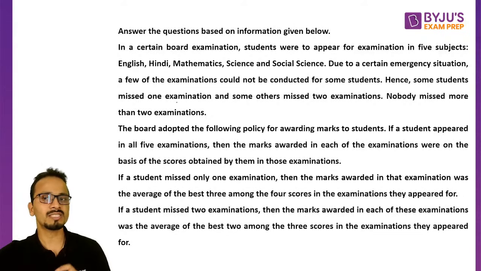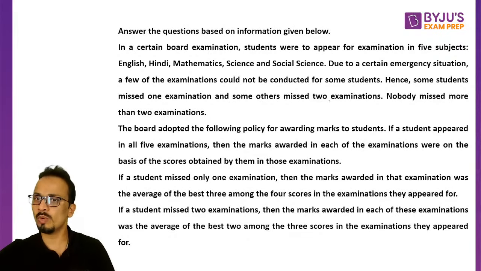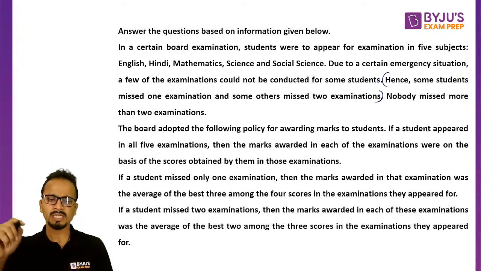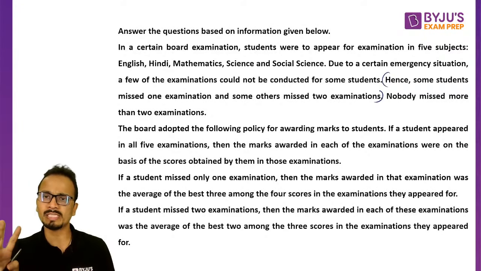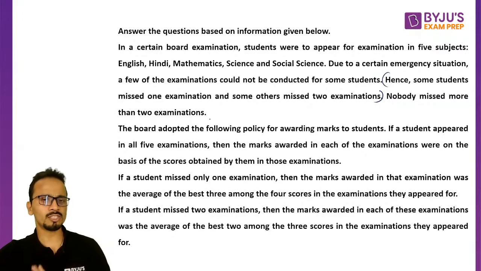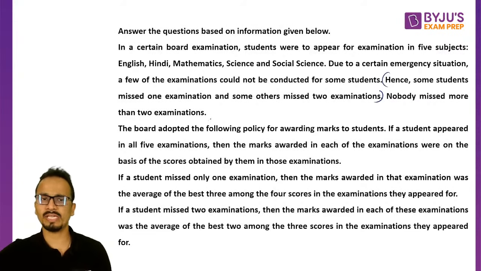Hence, some students missed one examination and some other students missed 2 examinations. This is an important statement. There are some students who will miss one examination, and other students who will miss 2 examinations. Nobody missed more than 2 examinations. So there is no person who will miss more than 2 examinations. Correct? Now let's look at the next paragraph.